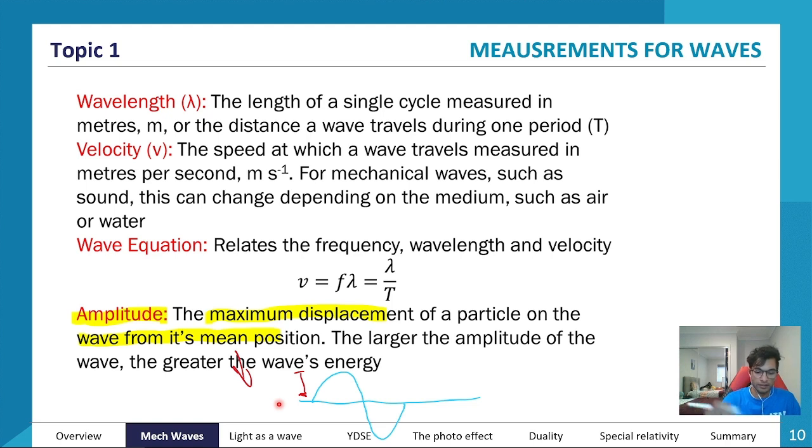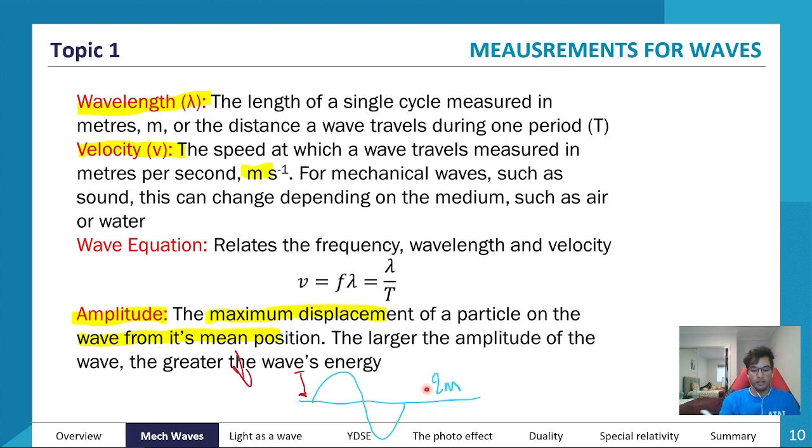Wavelength is how far the wave travels in one period. So if this wave was, let's say, 2 meters long, the wavelength of this wave would just be 2 meters. Velocity is basically how fast the wave moves, and it's given in meters per second.